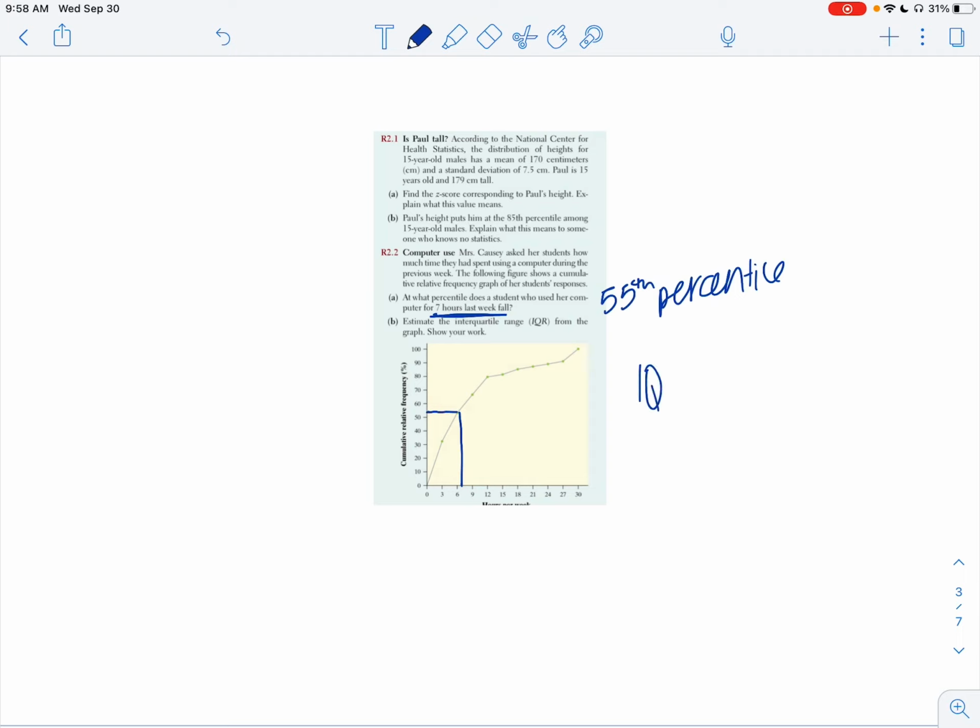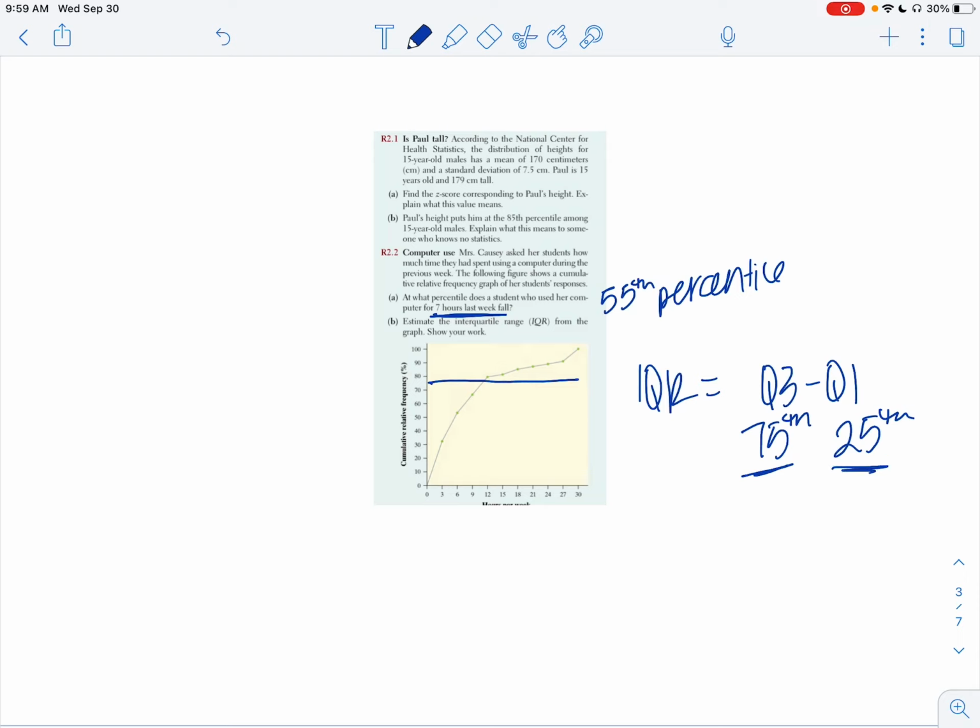So if you remember, the IQR is Q3 minus Q1, and Q3 is the 75th percentile, and Q1 is the 25th percentile. So I'm going to erase what I put on this graph here. So if we're finding Q3, that's our 75th percentile. I'm going to go on this cumulative frequency graph and go over from 75. And then I'm also going to find the 25th percentile.